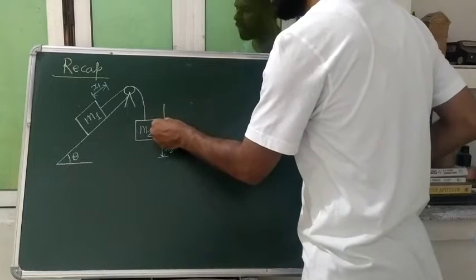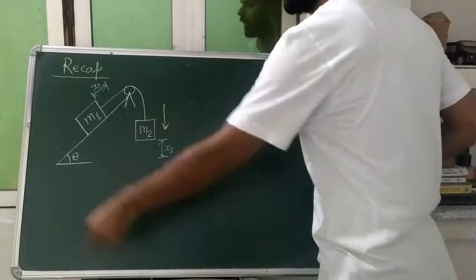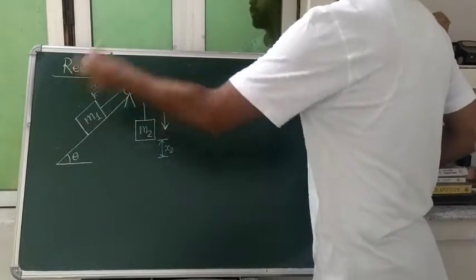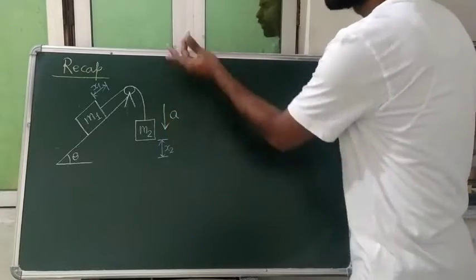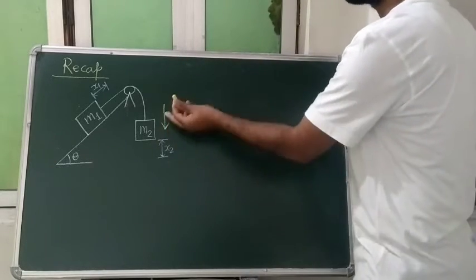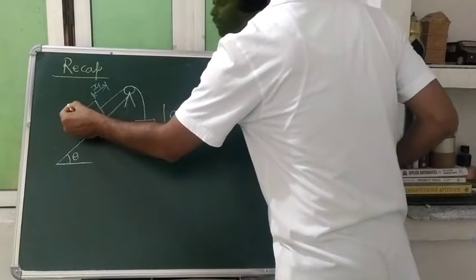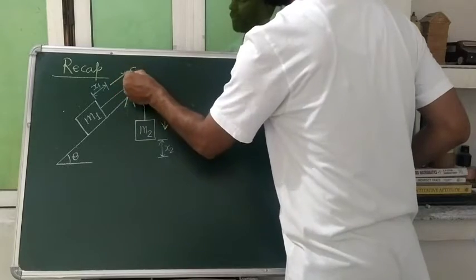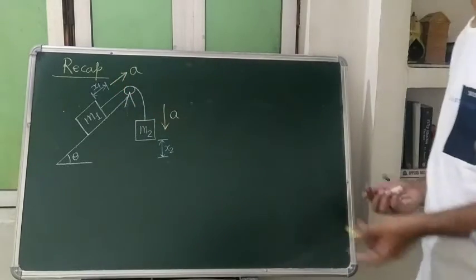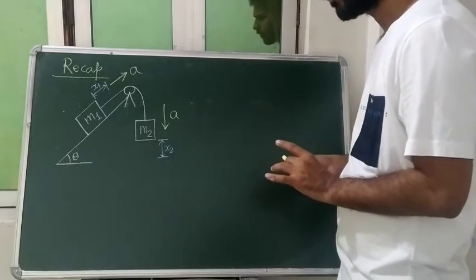Whatever direction you are assuming, suppose I am assuming this clockwise direction, a1 is equal to a2. So whatever acceleration is of mass m2, the same acceleration we will find for mass m1, and they will be in the same direction, isn't it?